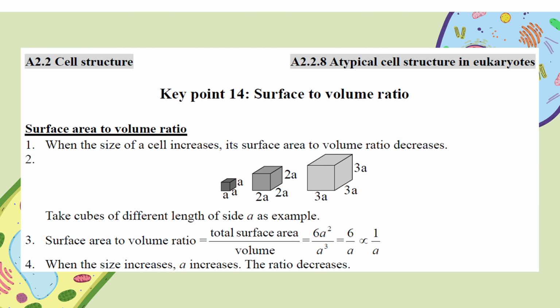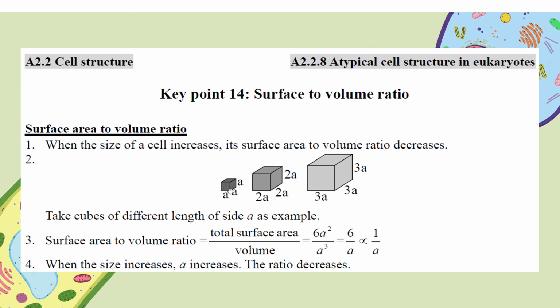And then I talk about the cell theory. Why does the cell keep small? The concept is a surface area to volume ratio. What is this thing? It is a ratio between surface area over volume. For example, we use a cube as an example. A small cube of side A, a bigger cube of side 2A, an even bigger cube of side 3A. What is the total surface area? 6A squared, right?